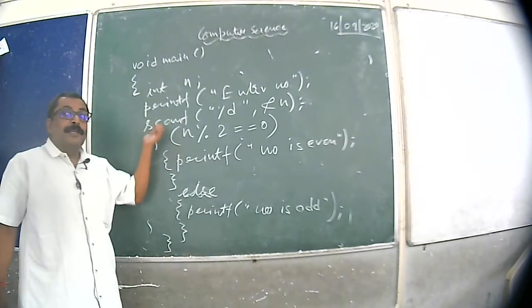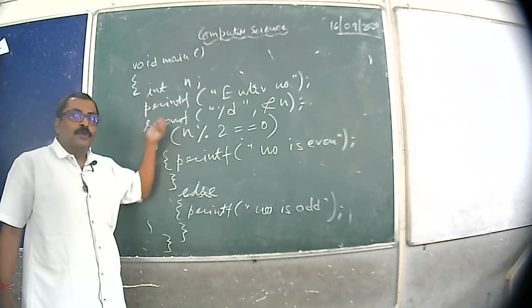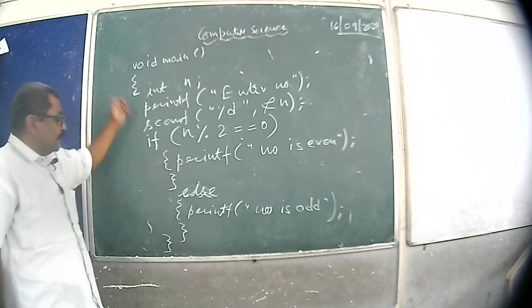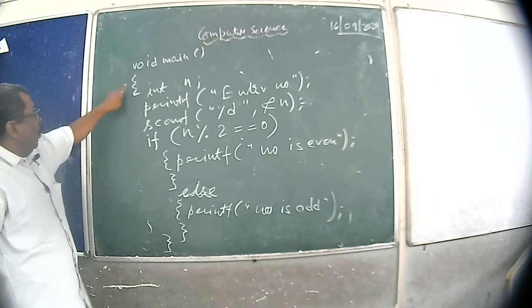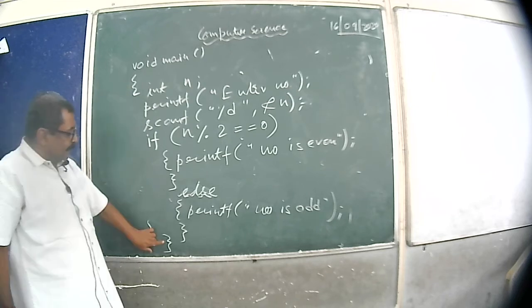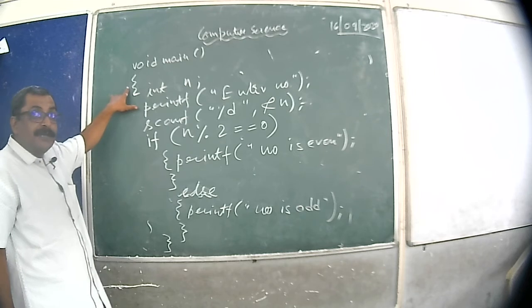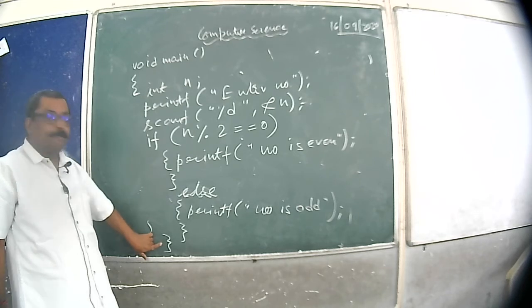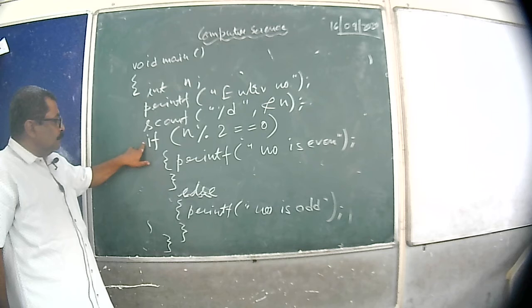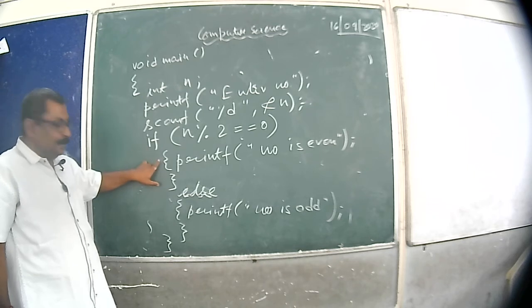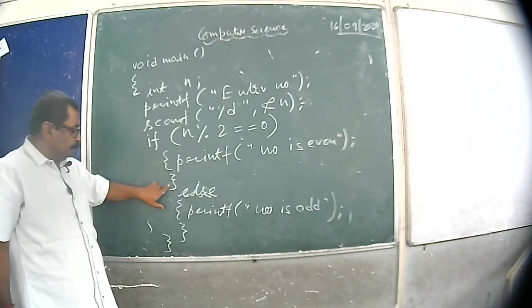Now, in the previous program there were only two open braces and close braces. Here check how many braces there are. Open braces, and at the end the close braces. That means this void main function starts here and ends here. After if, the braces have been opened and here closed.